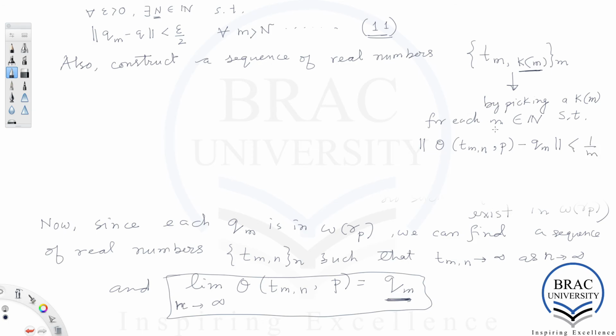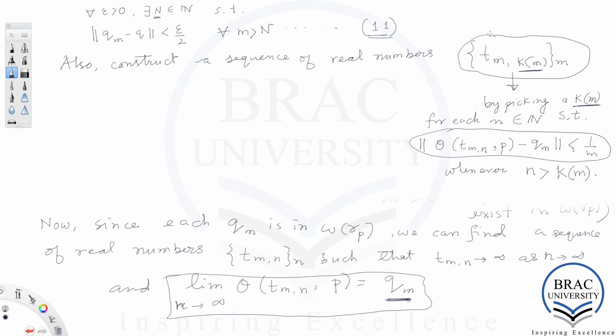This is going to happen for all m in the set of natural numbers, and this is going to take place whenever n is bigger than that chosen big number. This is how we are constructing this sequence.